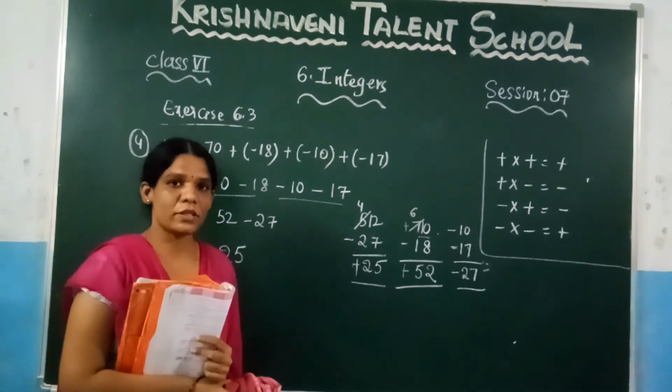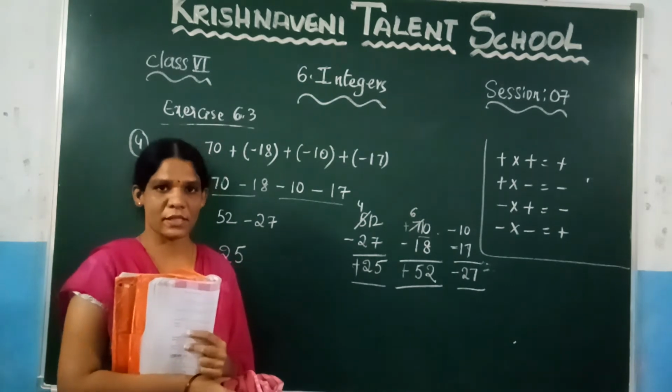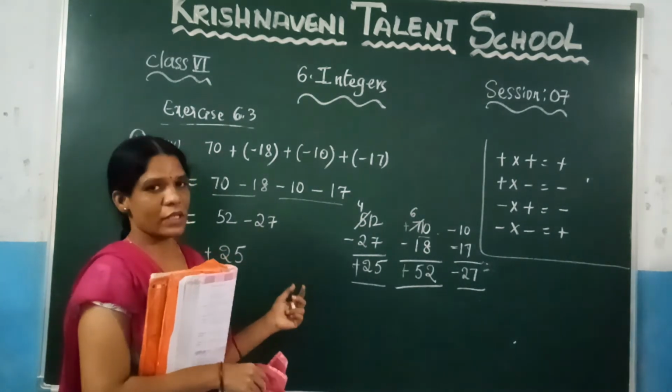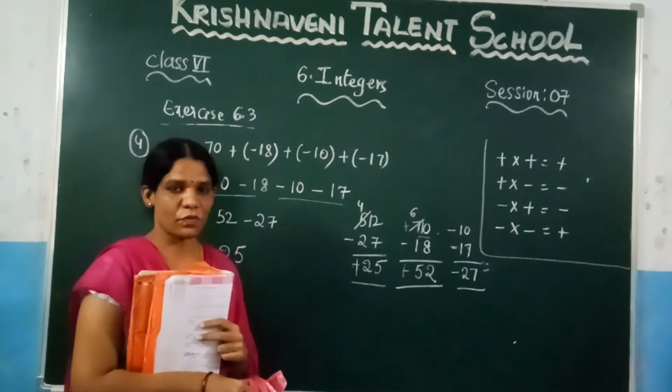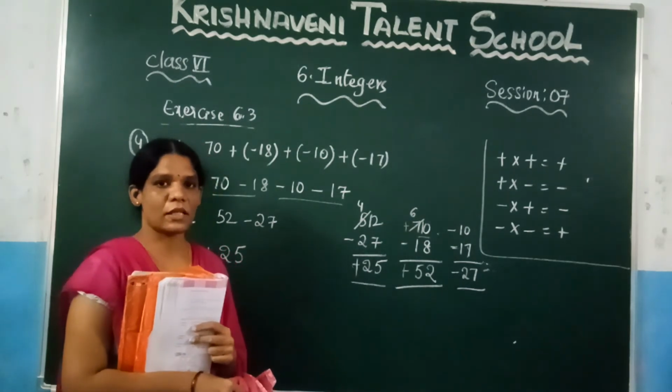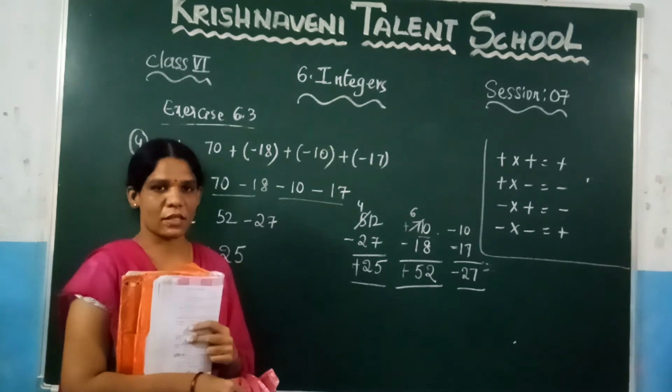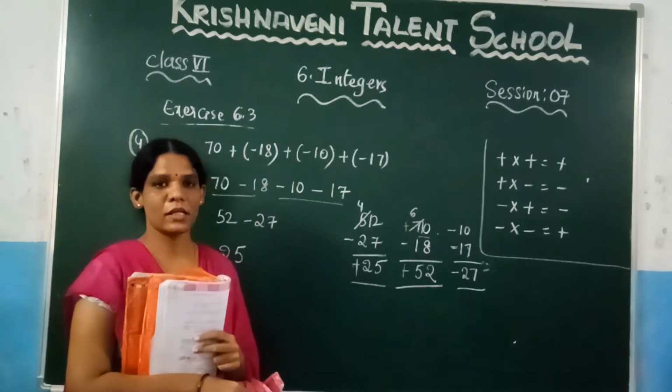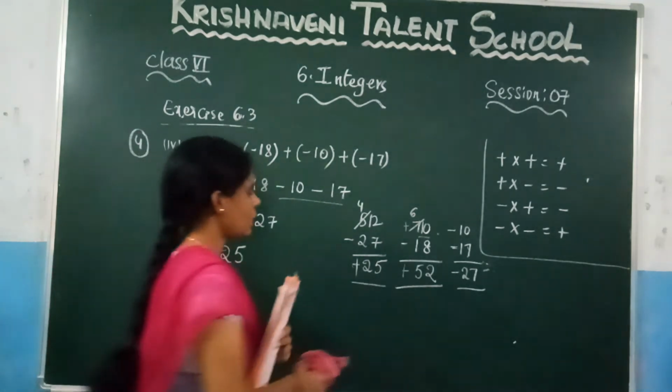Now we are going to discuss the subtraction of integers. Right? Up to now we have discussed the addition of integers. In that we have discussed how to add a positive integer and how to add a negative integer. Now we are going to discuss the subtraction of integers.